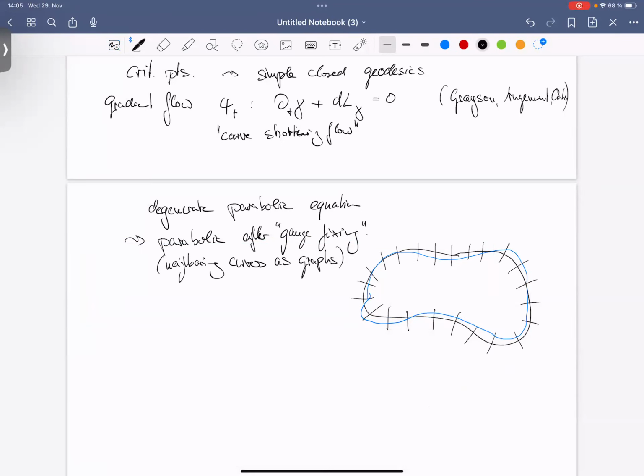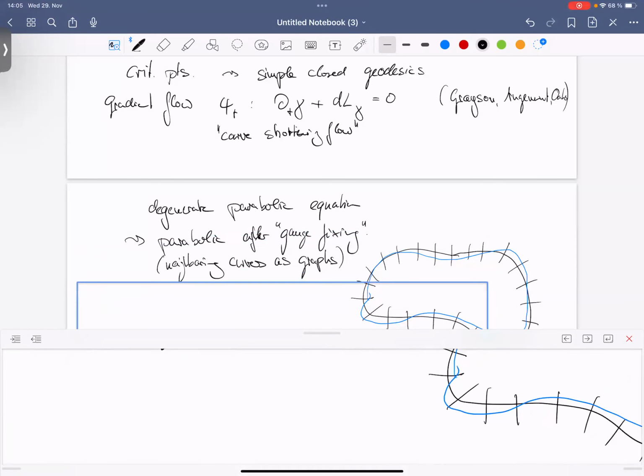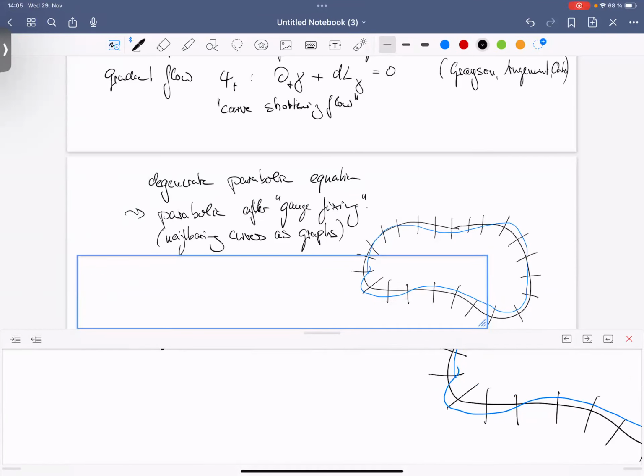Then you will say, all good and fine, I have my flow, a solution of this parabolic equation. Does this preserve embeddedness? Yes, it does. And that's nothing but the maximum principle for parabolic equations.